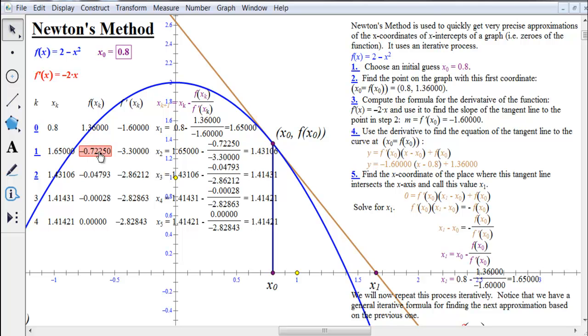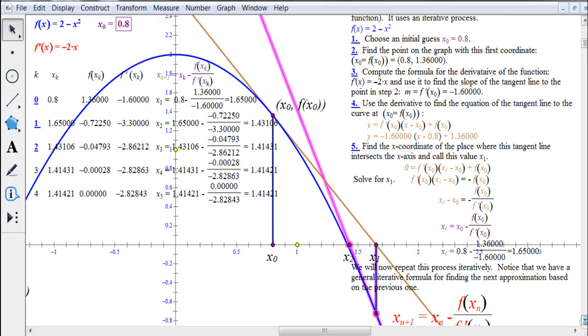And so now what do we do? Let's actually show the picture. So now we take this new x value, x1, go straight down vertically till we hit the curve, and find that y value, which is x1 comma f of x1. So that x1, remember, is 1.65.